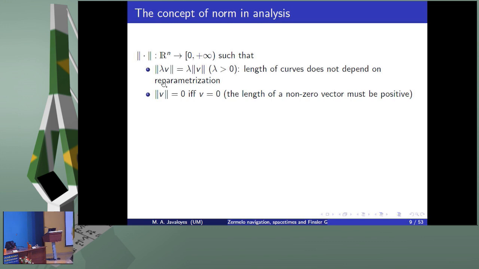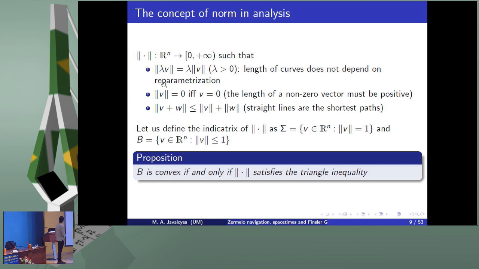This is because there are very important examples in which the norm of minus v is not equal to the norm of v. This is called non-reversibility when it has this property. The last property of a norm is the triangle inequality. So these are basically the three properties of a norm in analysis.